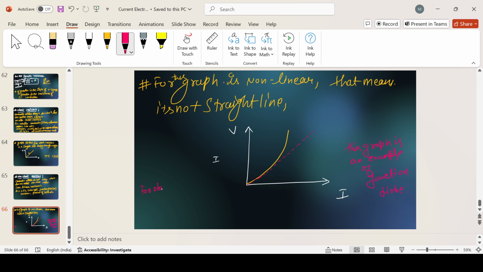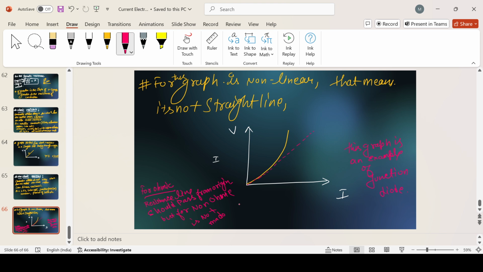For ohmic, this resistance line should pass from the origin, should pass from the origin only, but for non-ohmic it is not mandatory.